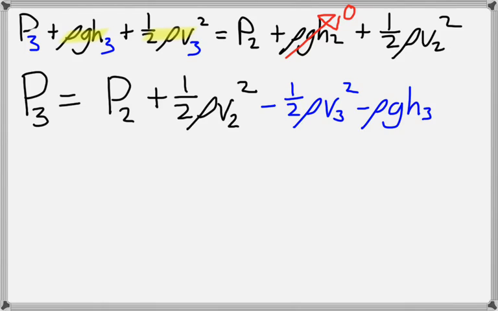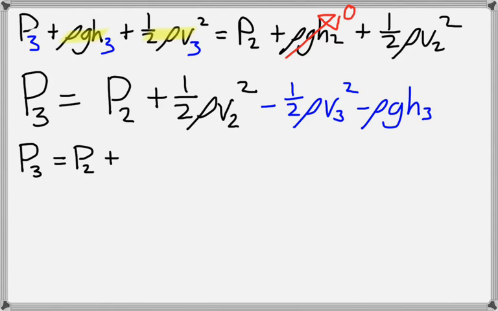This looking kind of complicated. Because you got a bunch of terms. And your substitution is going to be kind of complicated too. So you might consider making some simplifying things when you do your substitution. For example, P3 equals P2 plus. Do you notice that there's a rho in every other term?